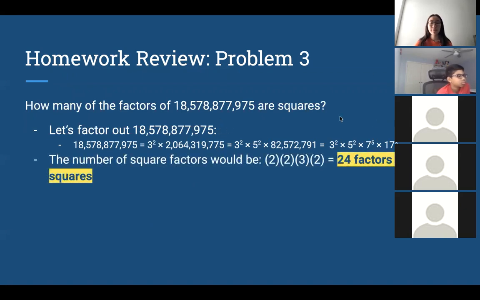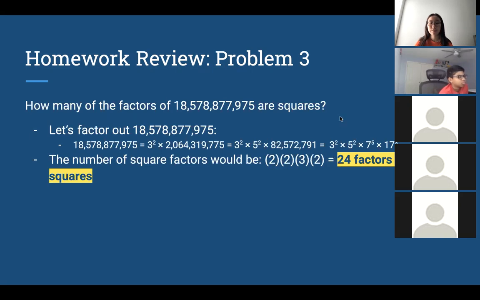So when we write out the prime factorization, we're basically looking for how many of them are greater than 2. So then the number of square factors would be 2 times 2 times 3 times 2, which is 24 square factors.